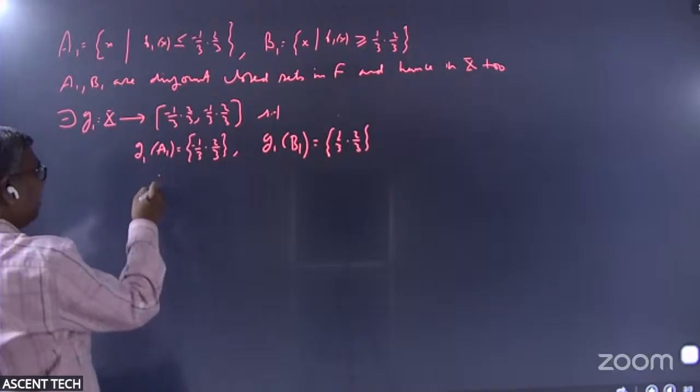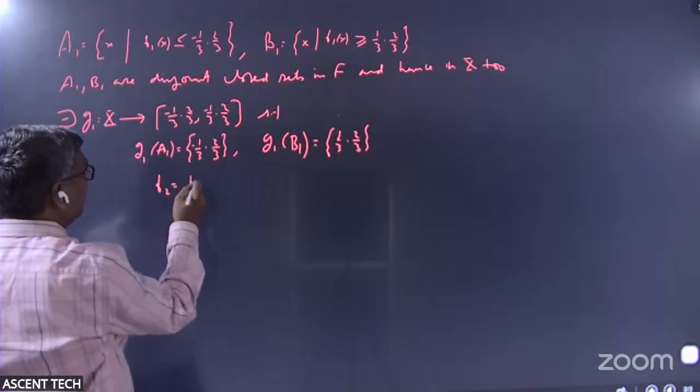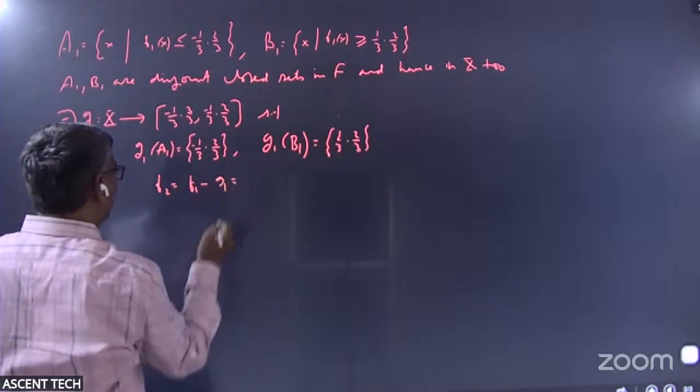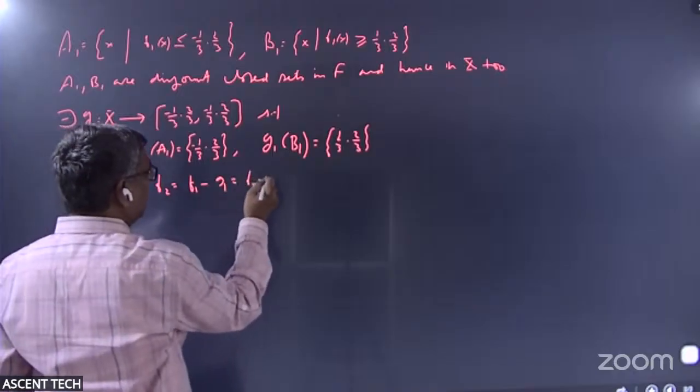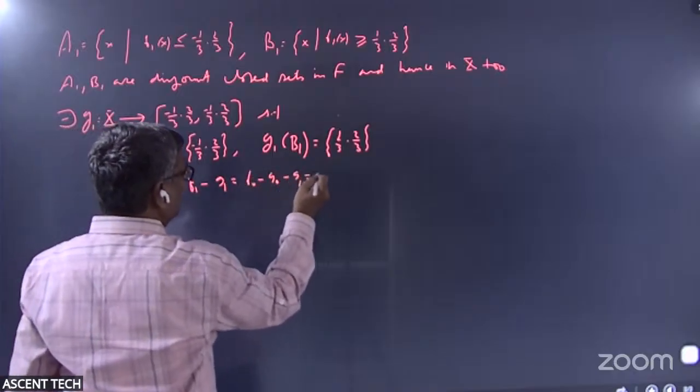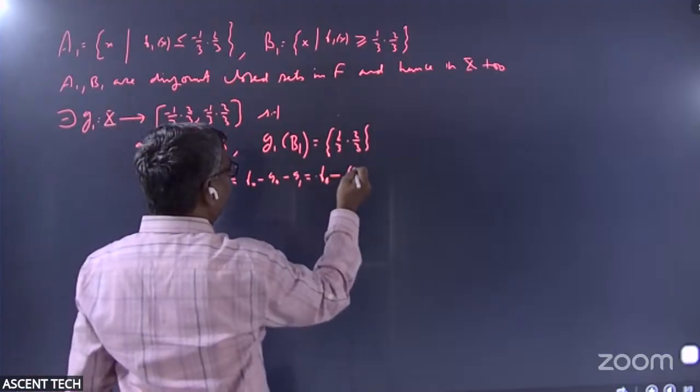Then create F2 equal to F1 minus G1. Of course, F1 is F naught minus G naught, so F2 is F naught minus G naught minus G1.